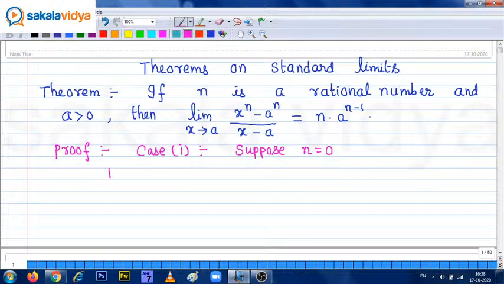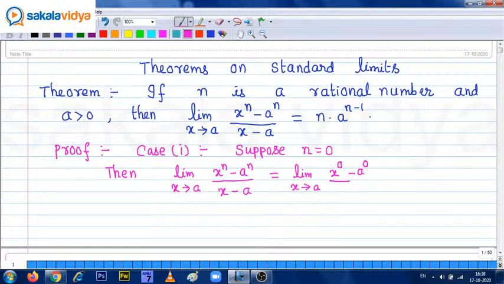Suppose n is equal to 0. Then limit x tends to a, x to the power of n minus a to the power of n upon x minus a equals limit x tends to a, in the place of n substitute 0, x to the power of 0 minus a to the power of 0 upon x minus a.